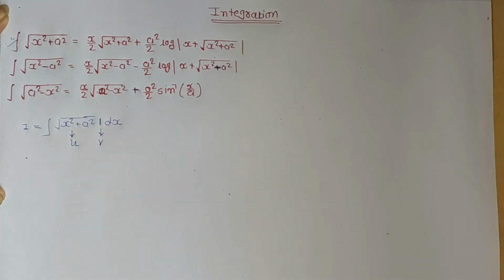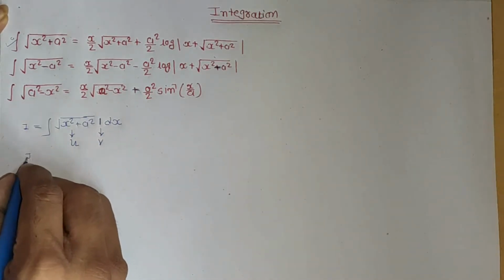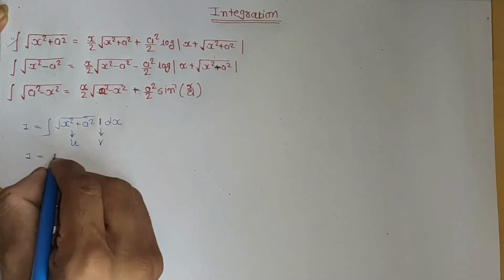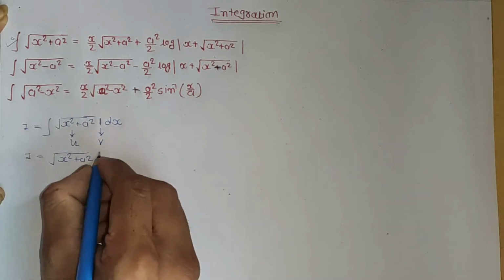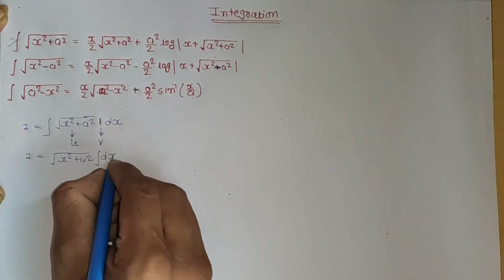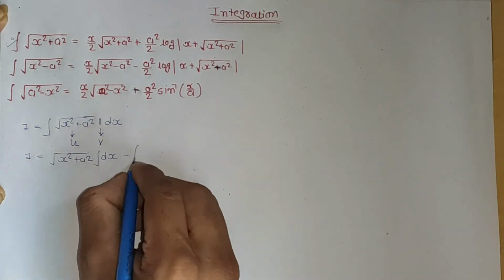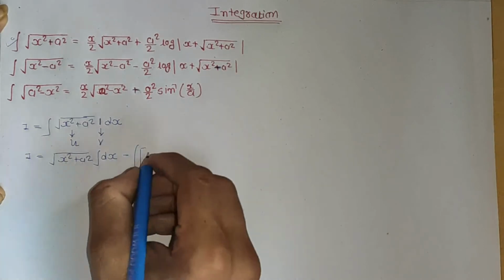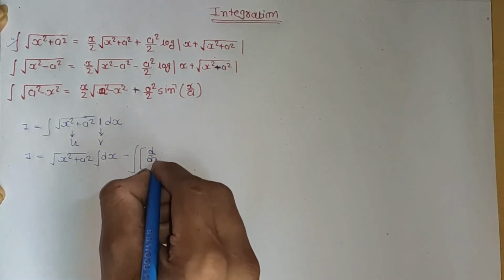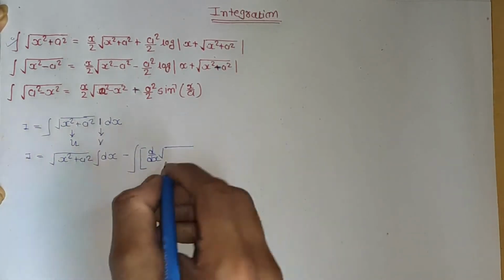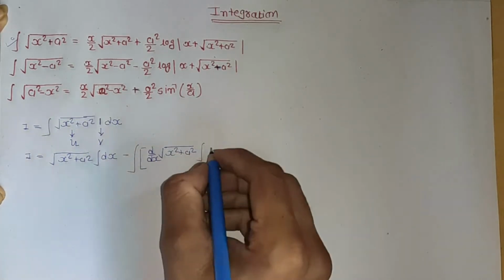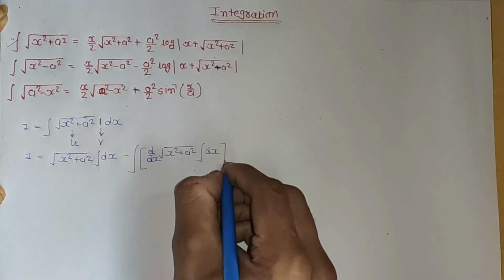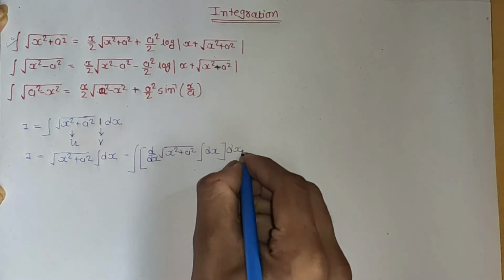Now using integration by parts, we will get square root x square plus a square integration dx, minus integration of the bracket d by dx of square root x square plus a square, integration dx, bracket over dx. Clear?